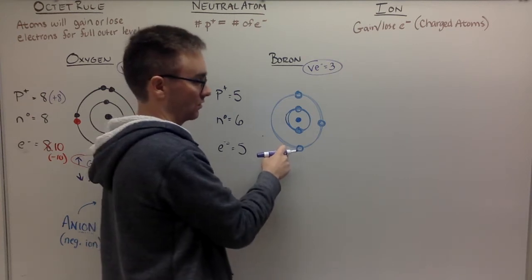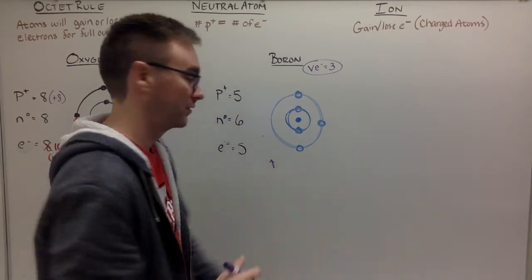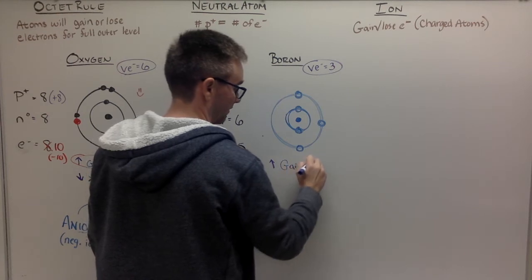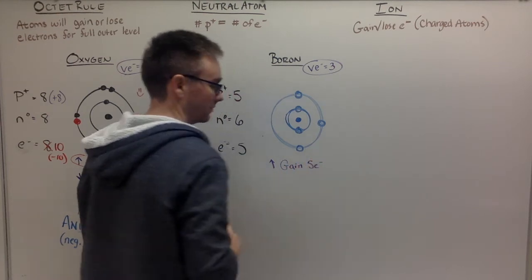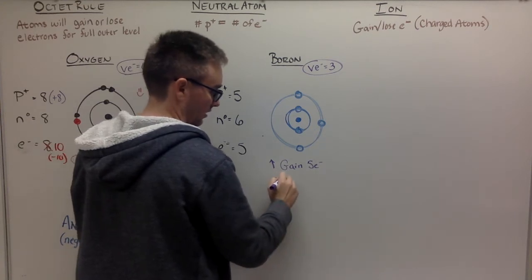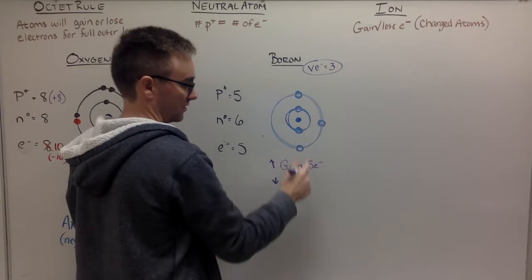So to fill this second energy level, I would need to gain 5 more. You can either go up and gain 5 electrons, or it can go down and lose 3 electrons.